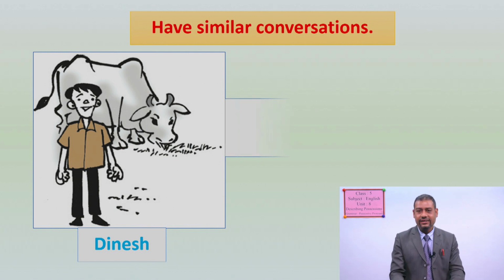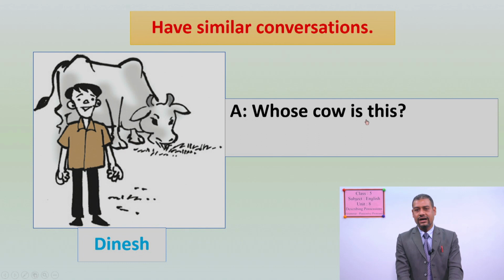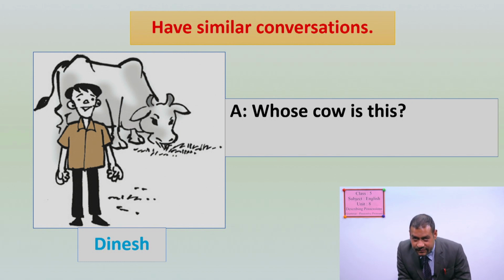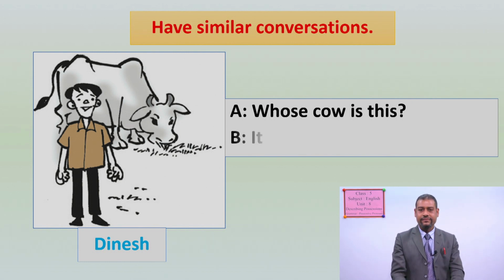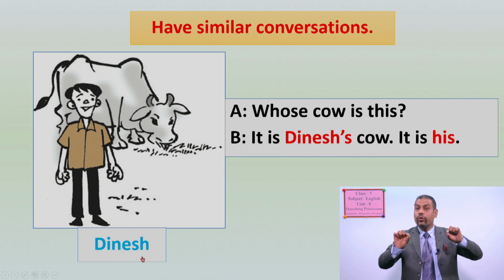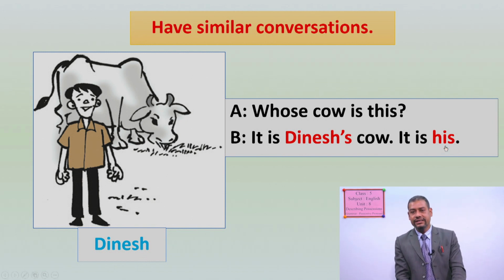The question you have written down is, whose cow is this? An answer, you can surely say. Its answer is, yes, it is Dinesh's cow. It is his. Again, Dinesh is a boy's name, okay, a male's name. That's why we have written here his, not hers.